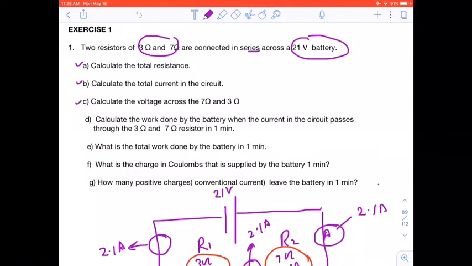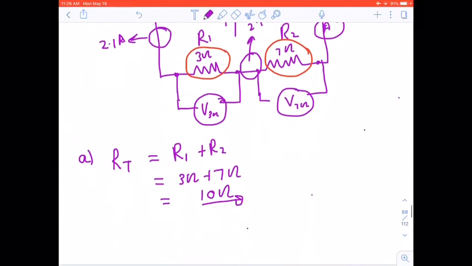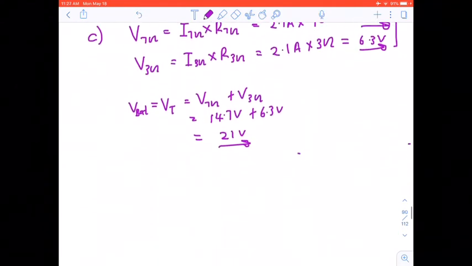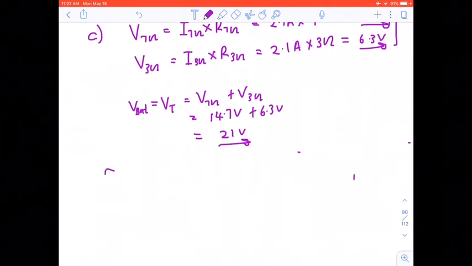Now we want to calculate the work done by the battery when the current in the circuit passes through the 3 ohm resistor and the 7 ohm resistor in 1 minute, right? So if we look at that, we know V is equal to W upon Q, correct?